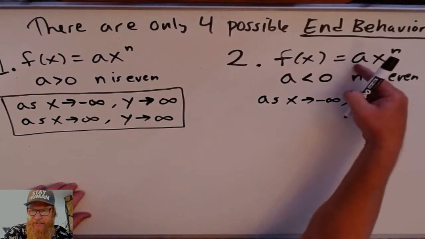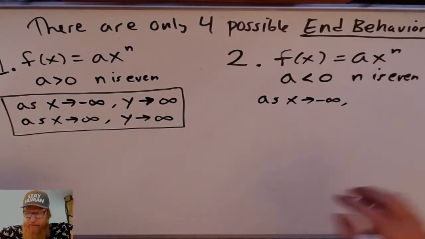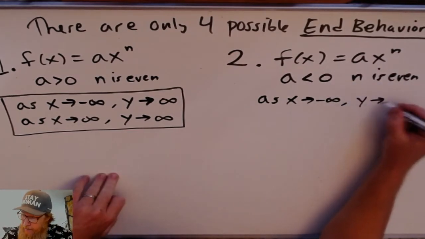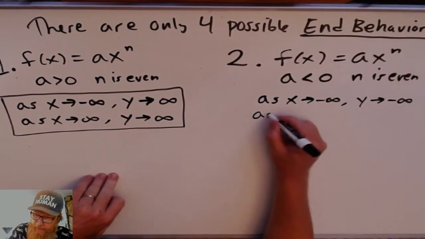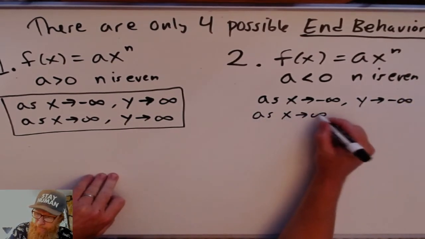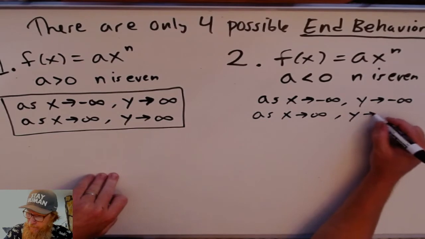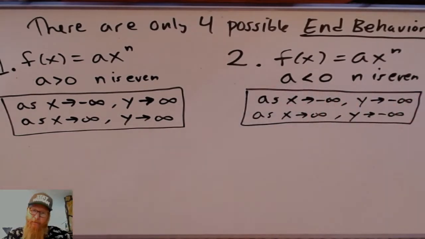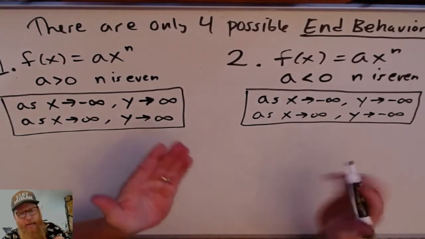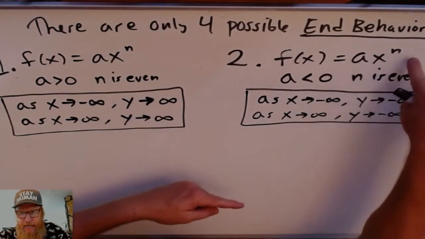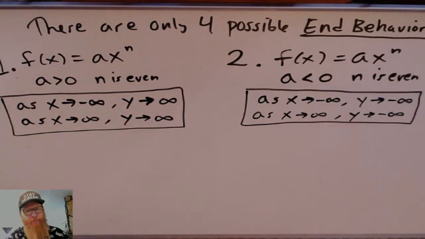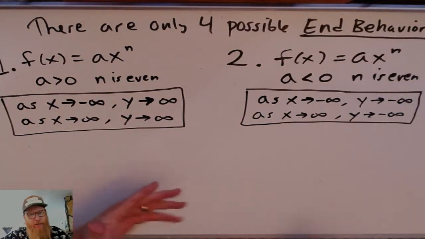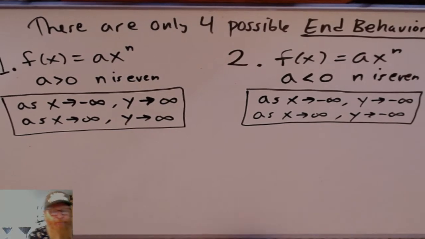If the constant is negative and the power is even, both arrows go down. There you go. So you have a quick way of looking at it. Is it negative constant, even power? Boom, there's your answer, if you know the recipe. If you don't know the recipe, then you have to cook it up from scratch.